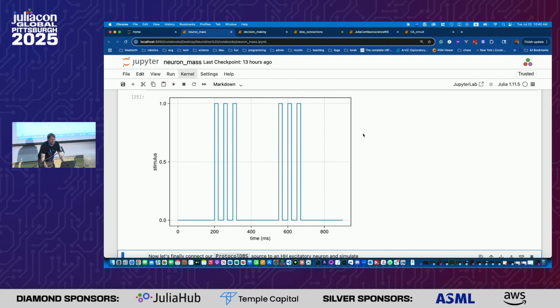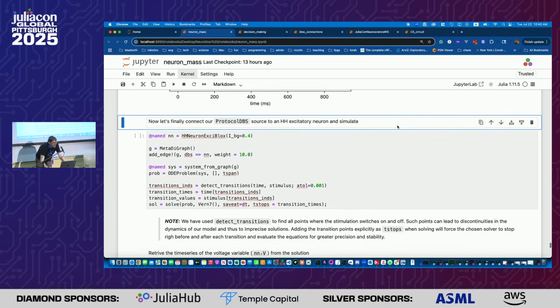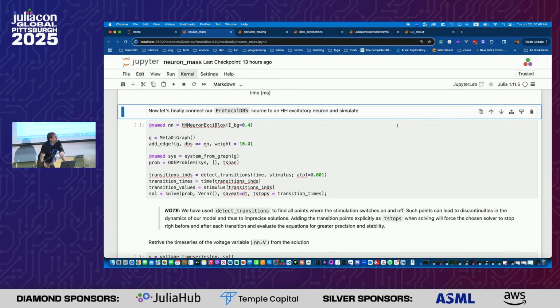So here we have a spike train of 3 spikes every 400 milliseconds or something like this, or 450 milliseconds. So you have essentially a frequency of how many spike trains and how many spikes per spike train. And finally, what we want to do is to connect this DBS to some neurons.